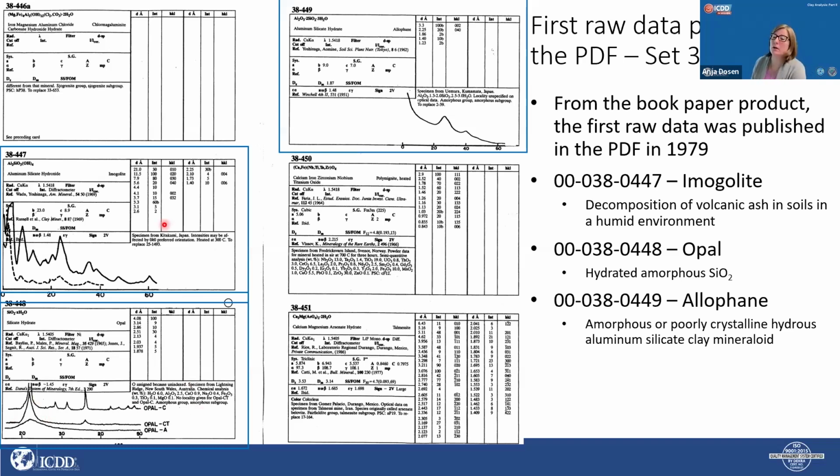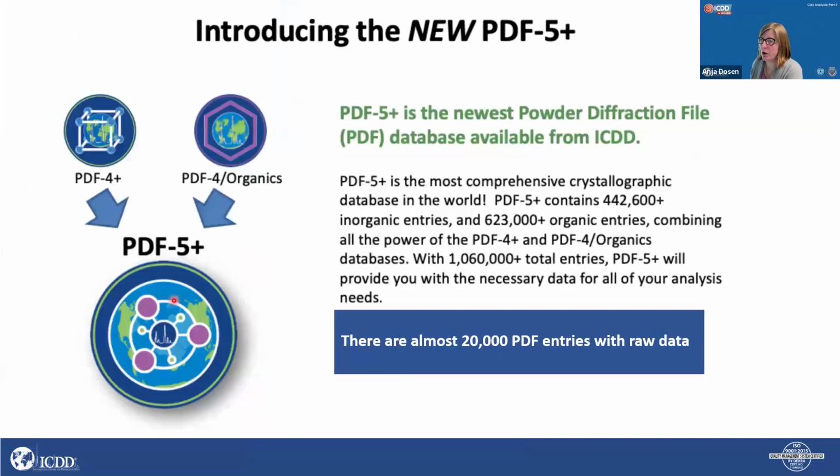And another phase that had raw data was imogolite, and that is also a clay mineral formed out of decomposition of volcanic ash. And here, for example, you can see a D-spacing of 11.5, a very broad D-spacing. The intensity is 100%. That was drawn right here. These are 2 theta ranges. So this was in 1979.